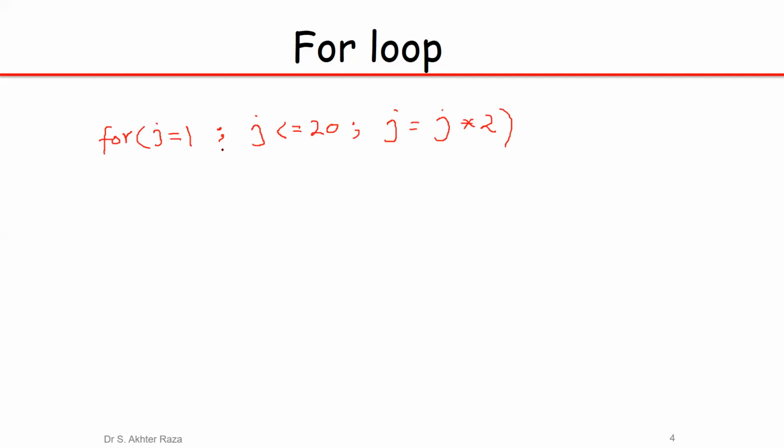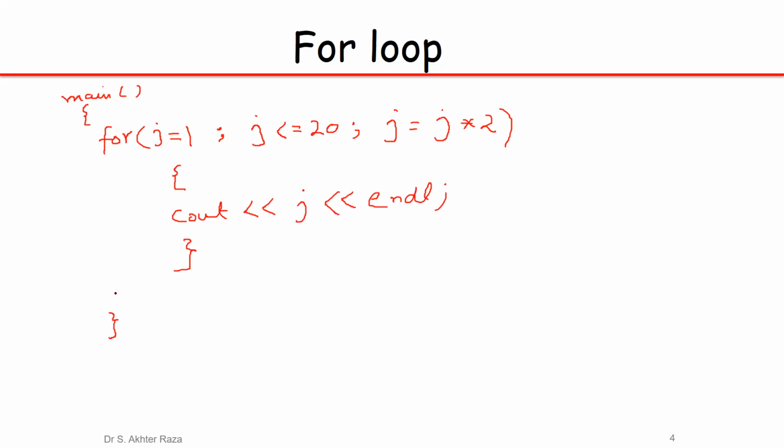Bracket closed. In the brackets, I have to write just cout j and endl, and bracket close, and that's all. Here I have to define main with the starting bracket.